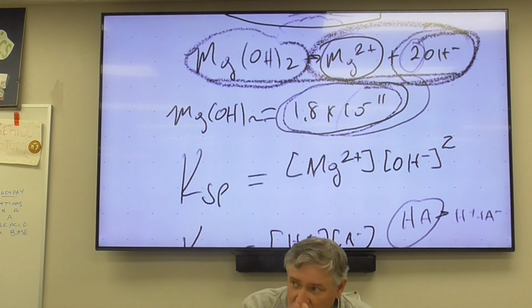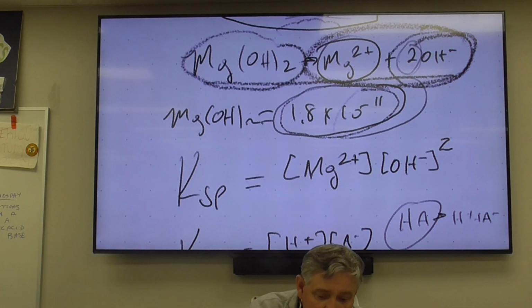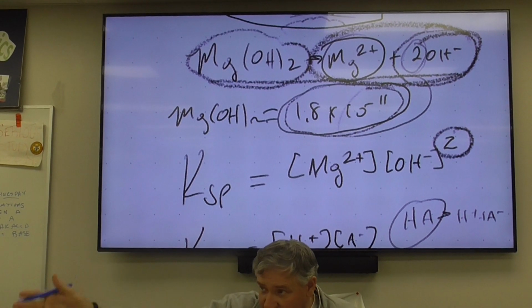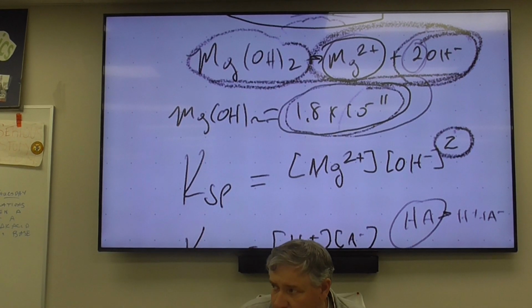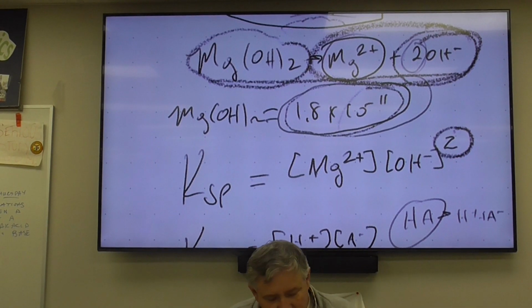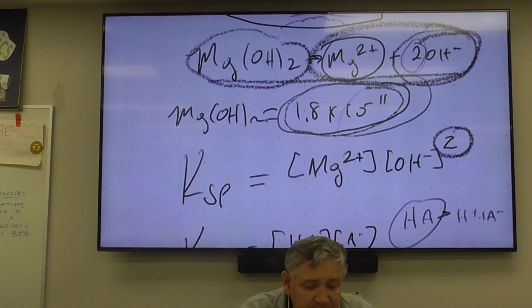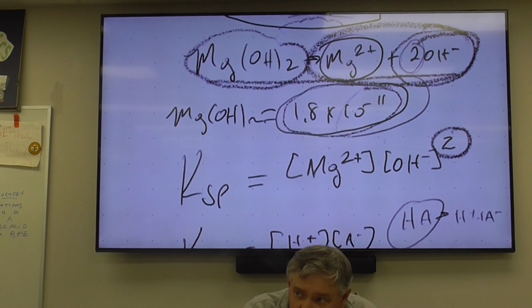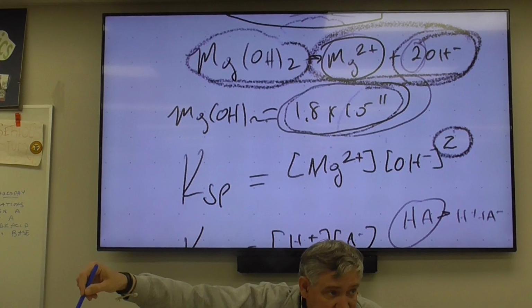So this has the capacity to get squared or cubed. Rare that it ever goes to the 4th power. Second, third is even a little bit rare. But here's what you have to watch: if there's any coefficients, that has to get raised to that exponent.